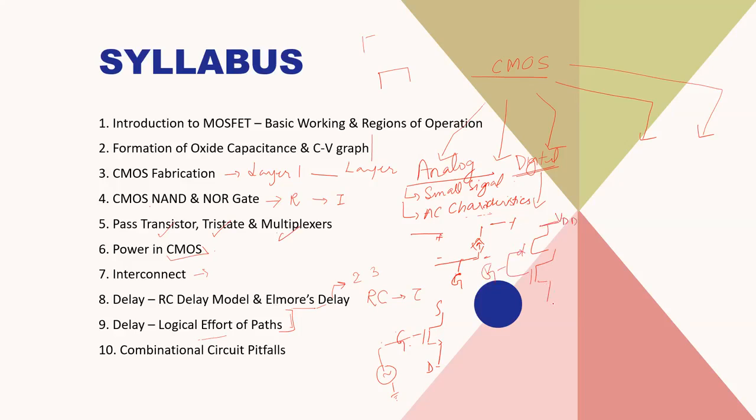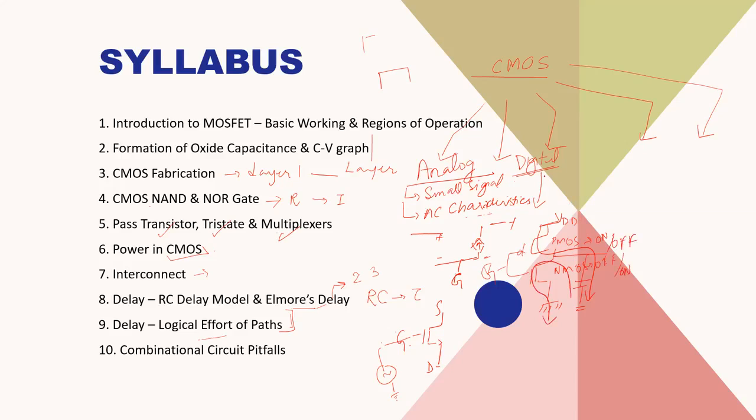So in digital CMOS, you people would have studied like, okay, let's say PMOS is on and NMOS is off, right? So conduction is happening this way. And let's say if NMOS is on and PMOS is off, the capacitance is discharging through the NMOS, right?